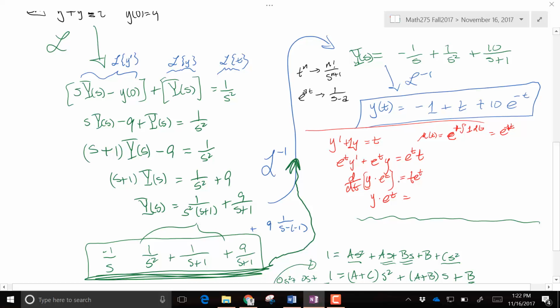And then this is going to be integration by parts. So u dv, so u is going to be equal to t, and then dv is going to be equal to e to the t. So uv, that's t e to the t, minus v du. Du is equal to 1, and v is going to be e to the t. Is that right? Plus our constant.